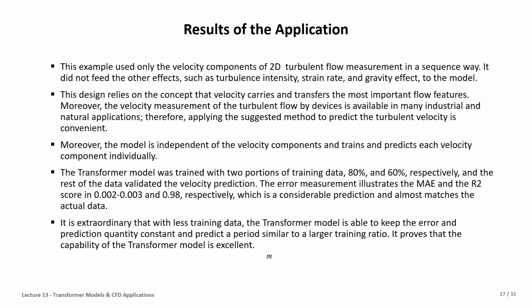To conclude from this application, we can say this model works with data from turbulent flow without any information from hypotheses or analytical assumptions, and it worked properly. It makes great predictions with 80% and 60% training with a very high R2 score.